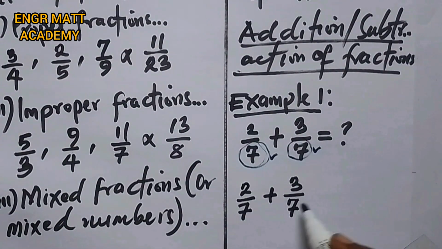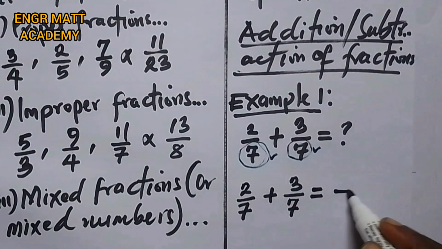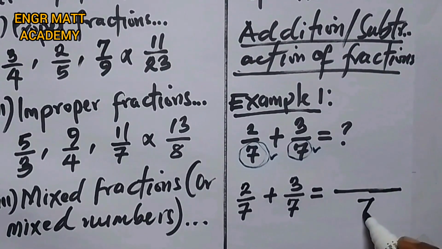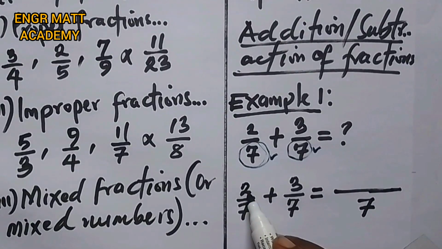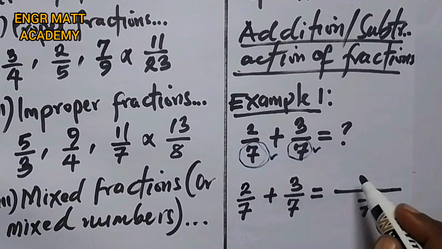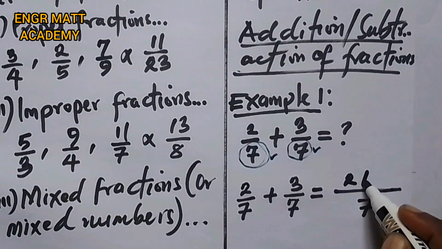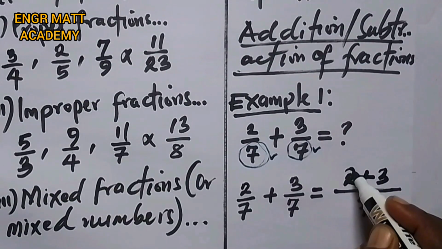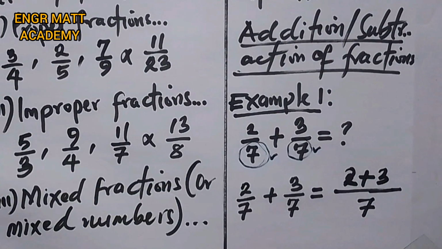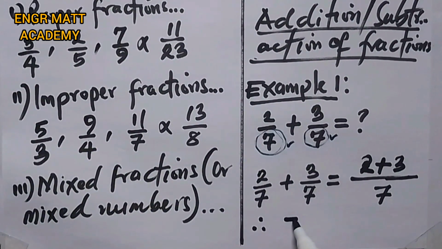Because the denominators are the same, we are going to take one of them. So we retain our denominator. Now we only have to add the numerators, the numbers at the top, that is 2 plus 3. Therefore, we have 5 over 7.